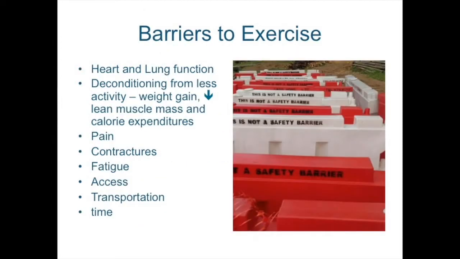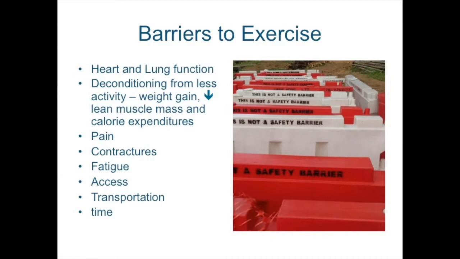So what are some of the barriers that people tell me and that we know about? For some patients, heart and lung function can be a barrier depending on their disease. So for example, with Becker's or Duchenne's, sometimes heart function can be quite severely affected. Deconditioning itself with weight gain and loss of lean muscle mass is difficult to overcome at times.